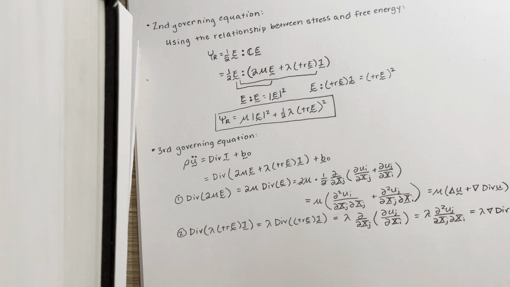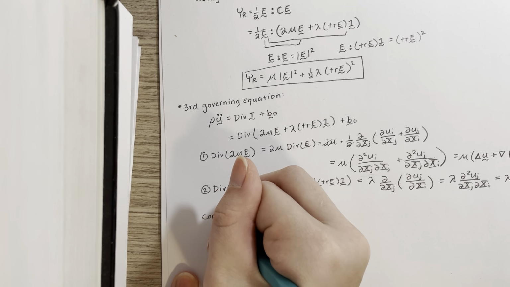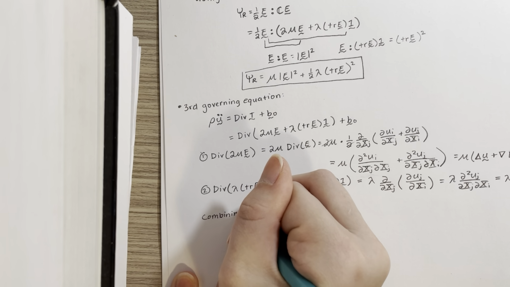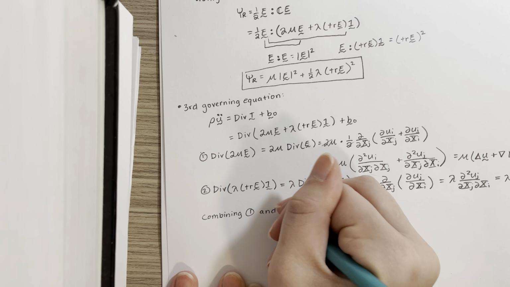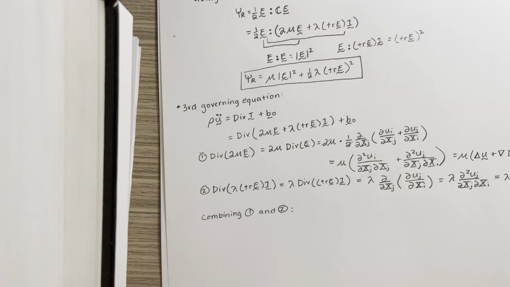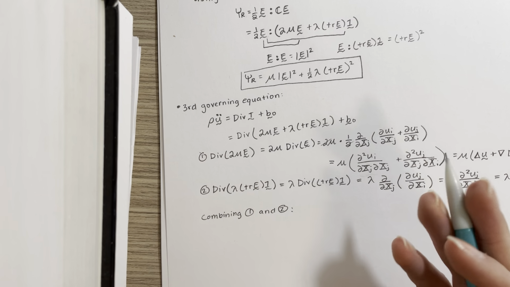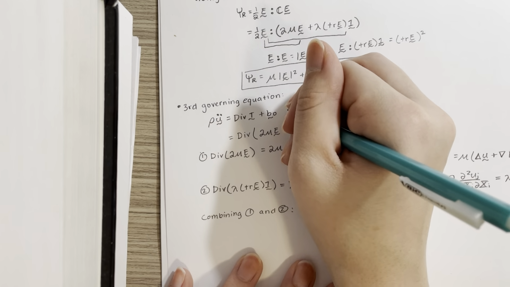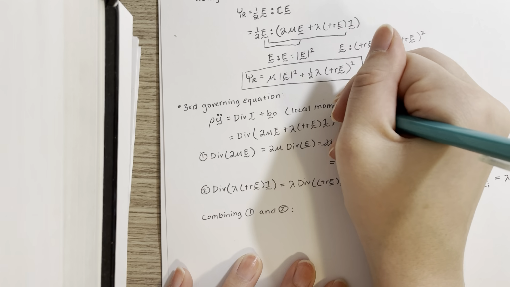So now if we combine 1 and 2, and substitute this into our local momentum balance. As a reminder, this is our local momentum balance.